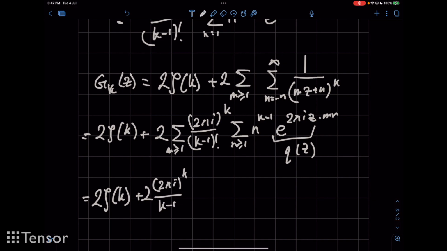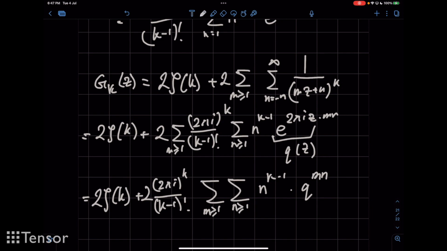We have a double sum, m greater than 1, n greater than 1, n to the k minus 1 times q to the mn.